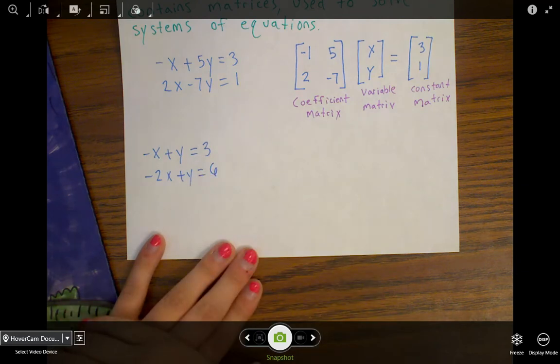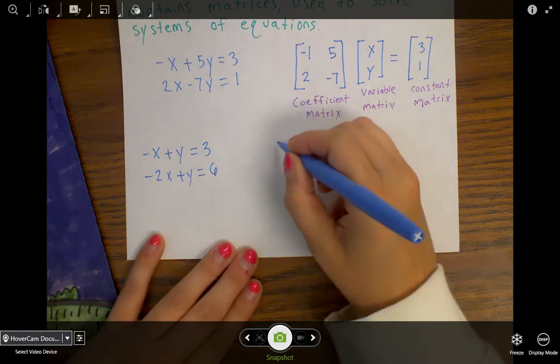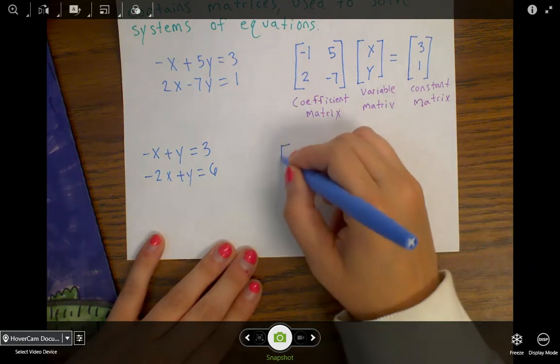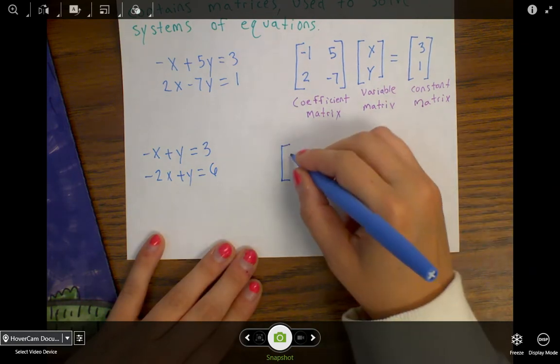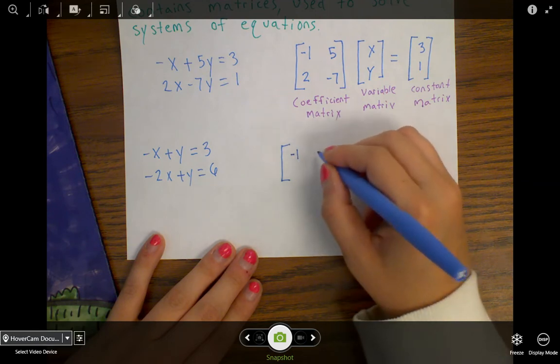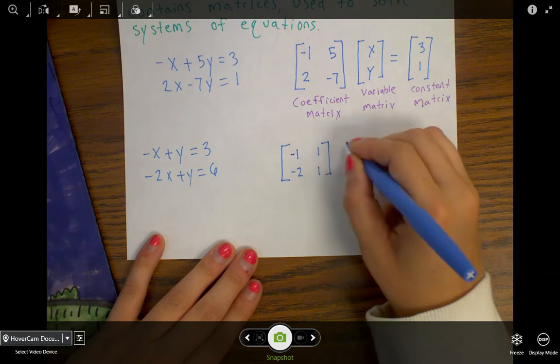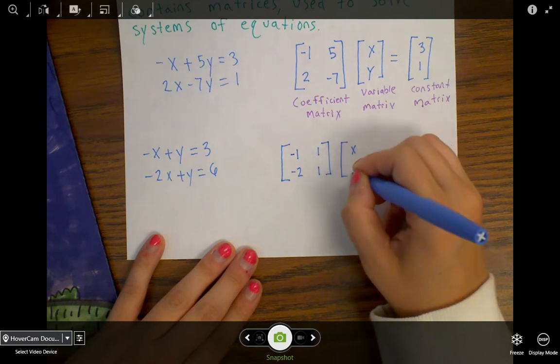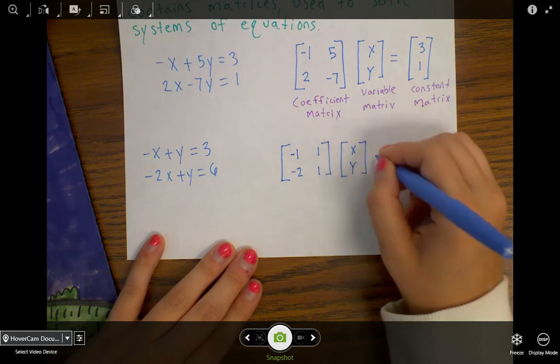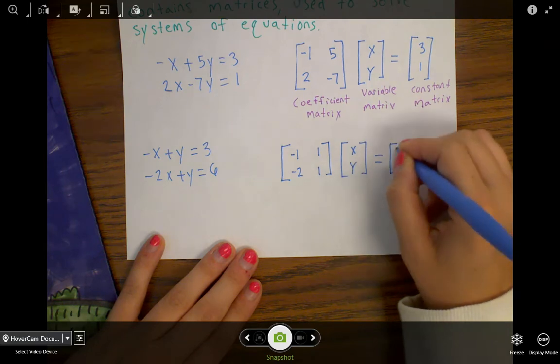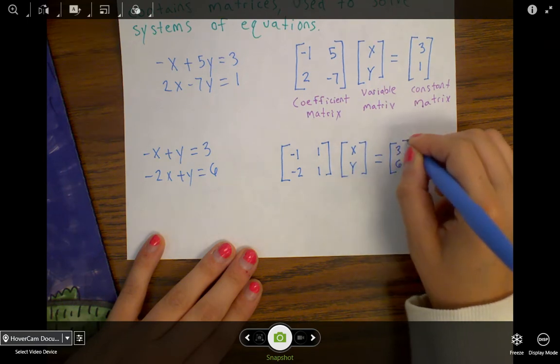Our first step is going to be to find our matrix equation. So I'm going to set up our equation: -1, 1, -2, 1, times x, y, equals 3, 6.